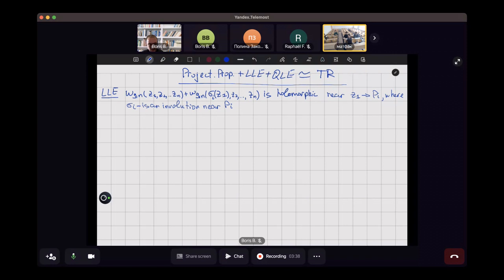And it has at least a simple zero at z1 equal to p_i.